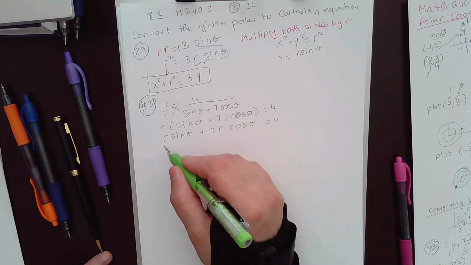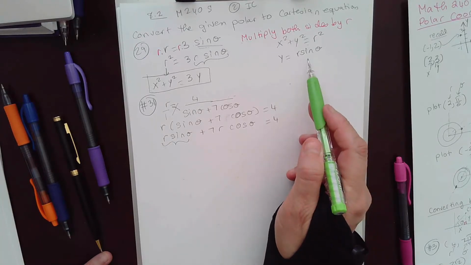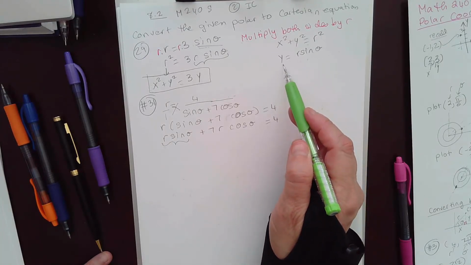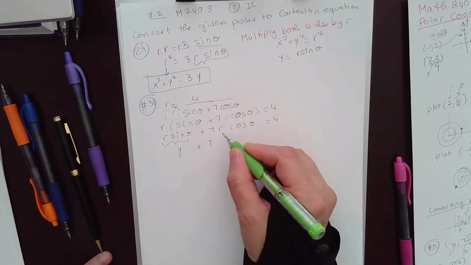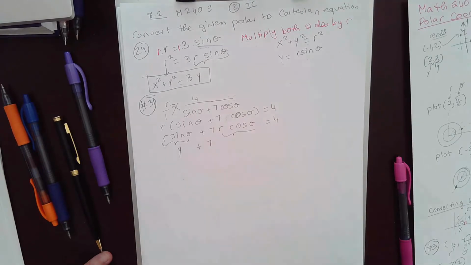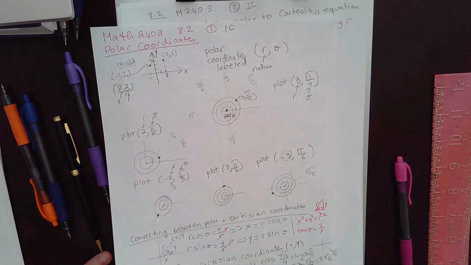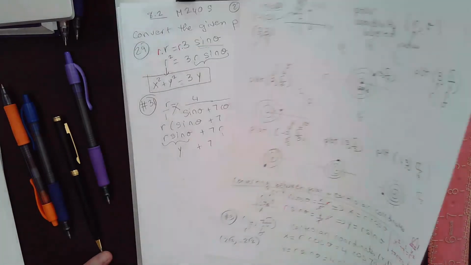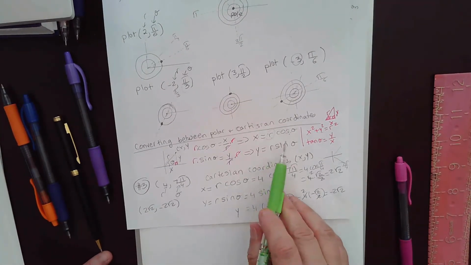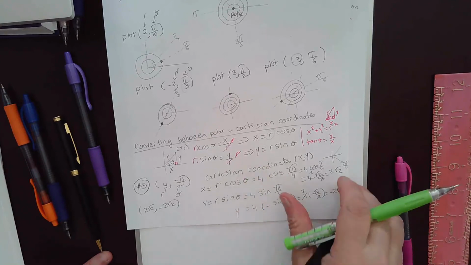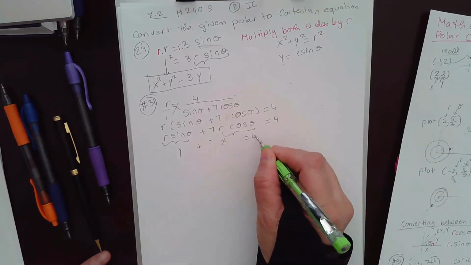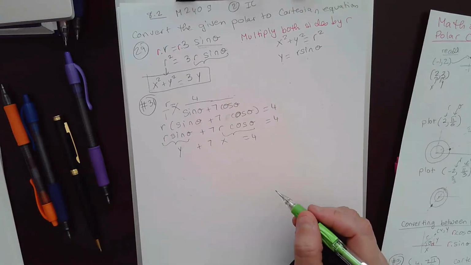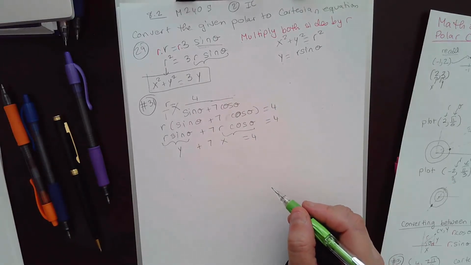Now, what is r sine theta? We still have it here. That's a y. Plus 7. What's r cosine theta? R cosine theta is x, equal to 4. I just converted it into a Cartesian equation, x and y.